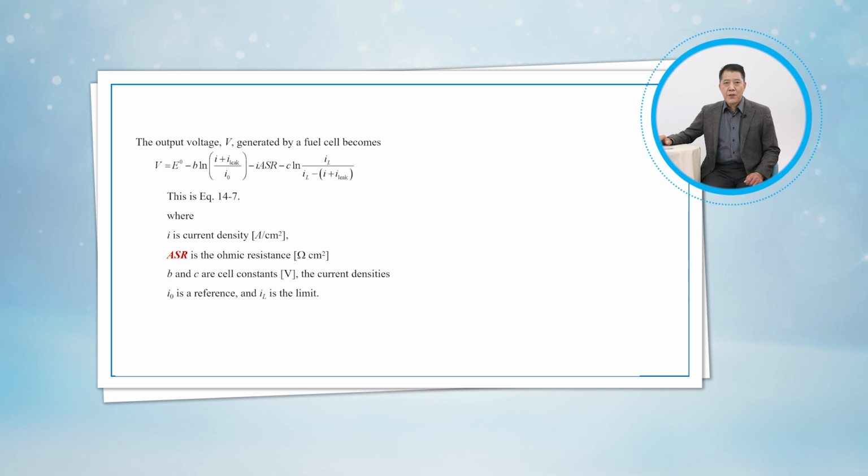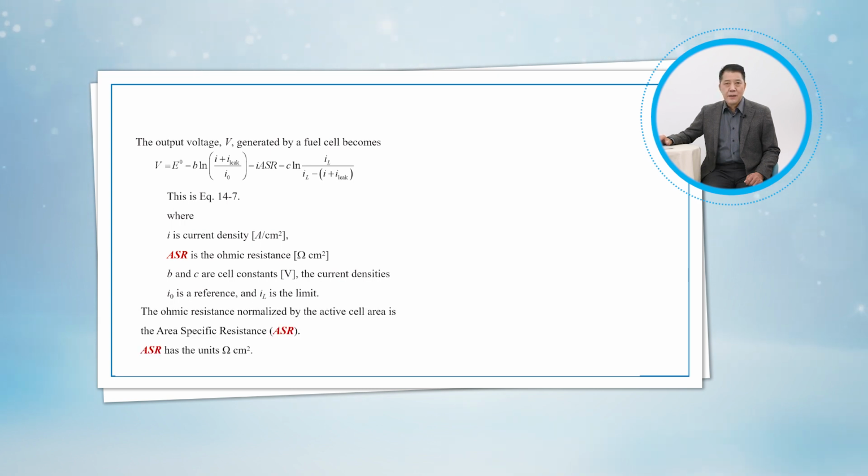The output voltage generated by a fuel cell can be expressed by equation 14.7. The ohmic resistance normalized by the active cell area is the area-specific resistance.